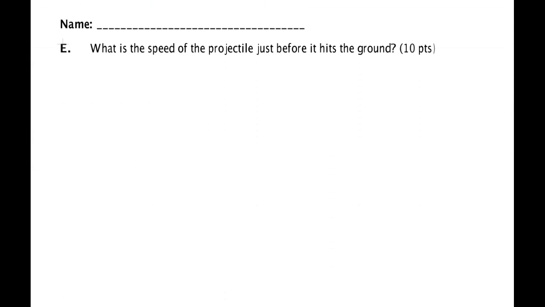Part E. What is the speed of the projectile just before it hits the ground? Now in this case, you've got a little bit different problem. We know Vx, the x component of the velocity. It's equal to Vx naught, so that's approximately 95.8 meters per second.